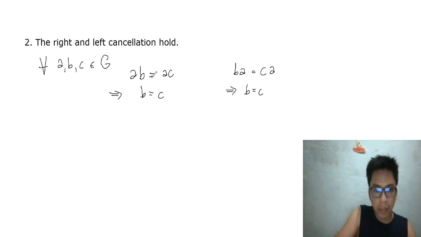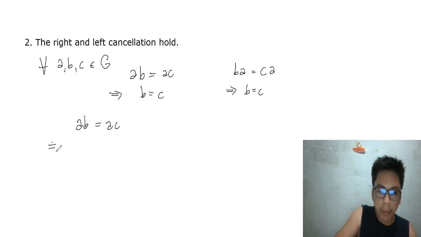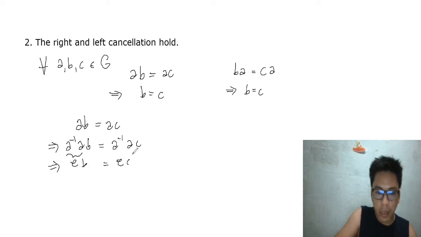So in this case, this is pretty basic to prove. If you have AB equals AC, observe that if I multiply both sides by A inverse, that's going to be here, and I have A inverse AC. So remember, this is E. So you have EB, and this is also EC.